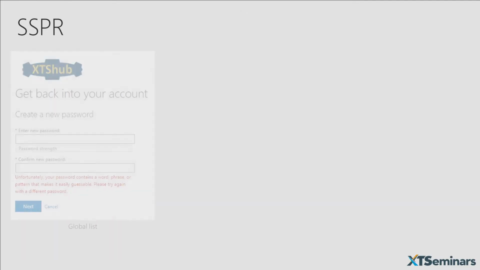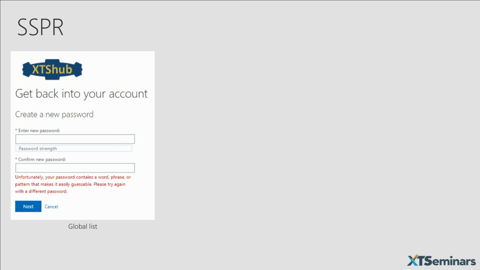With self-service password reset, you get a pretty similar message: unfortunately, password contains a word or phrase pattern that makes it easily guessable. Again, I would love these messages to be consistent throughout the UI, because if you change your password and then go to self-service password reset, you're getting different messages. I prefer for that not to happen.